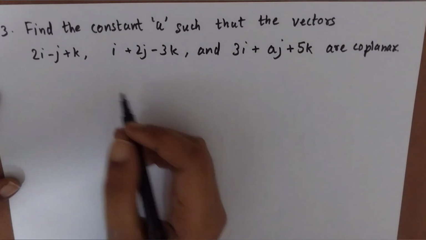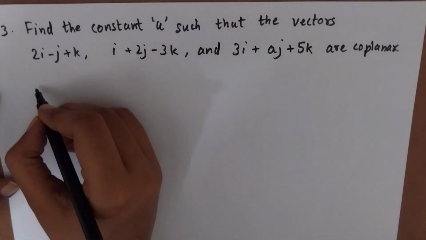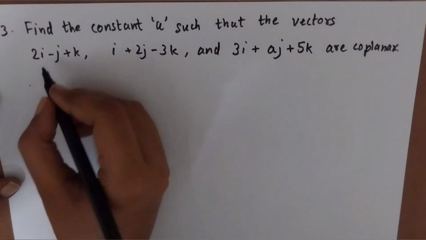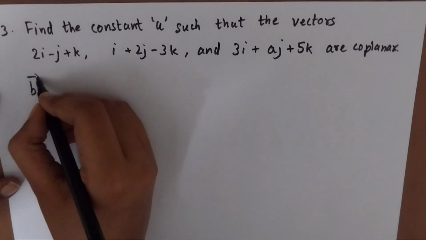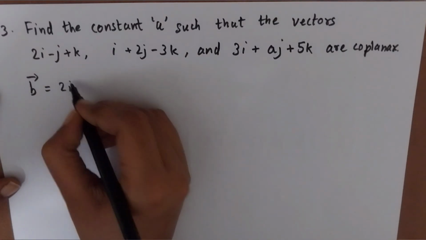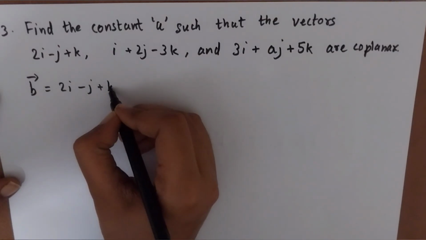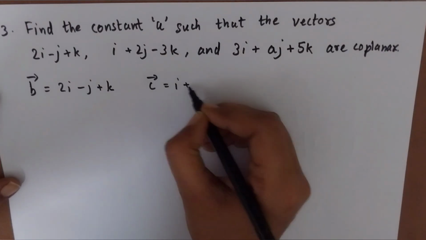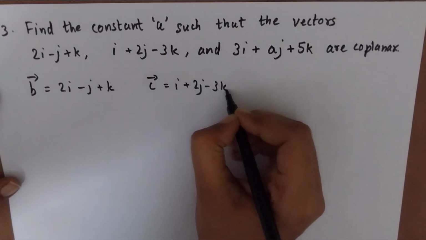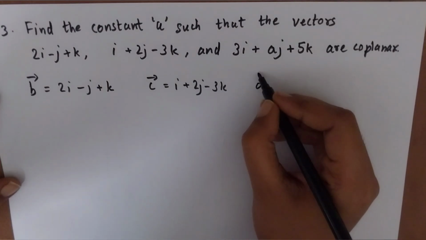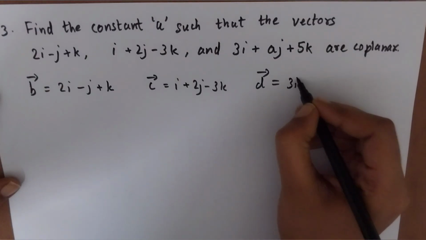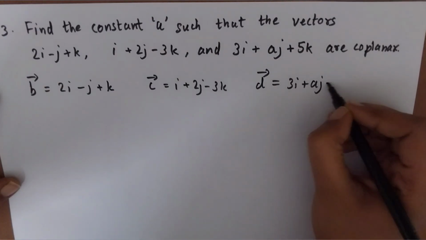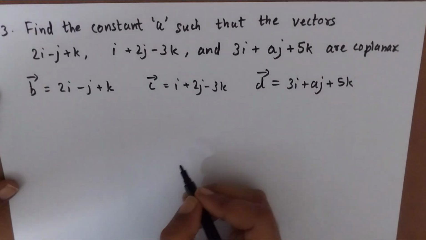Okay, so let's first name these vectors. Vector B is equal to 2i minus j plus k. Vector C is equal to i plus 2j minus 3k. And vector D is equal to 3i plus aj plus 5k.